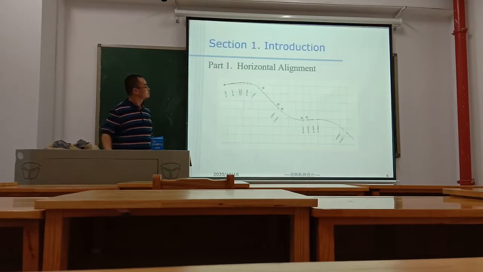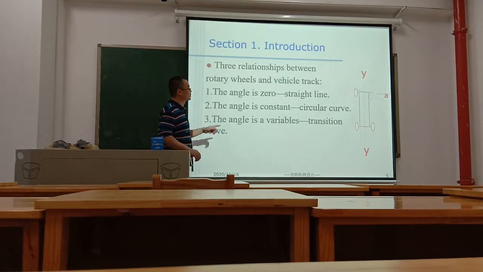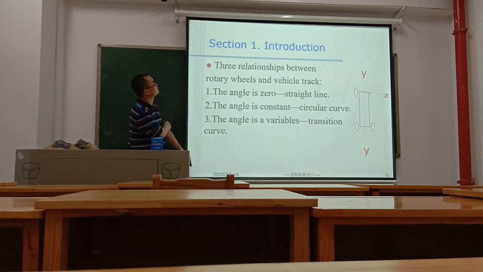When the angle is constant, it is a circular curve. When the angle is variable, it is a transition curve.